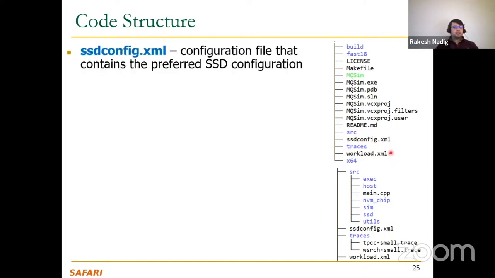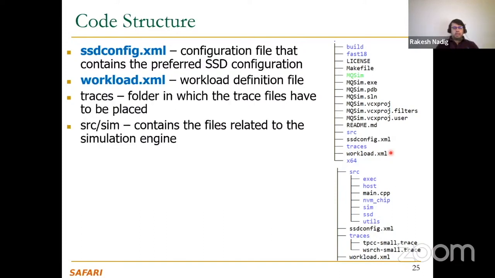SSD config.xml is a configuration file that is used to define the preferred SSD configuration. You can input parameters related to a TLC NAND device, or a 3D XPoint device, or a Samsung Z-NAND device in that XML. Then there is workload.xml, which defines the workload parameters, and we'll look at these two configuration files in a bit more detail in the next few slides.